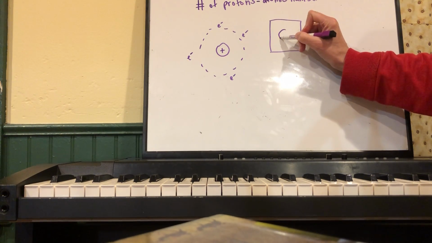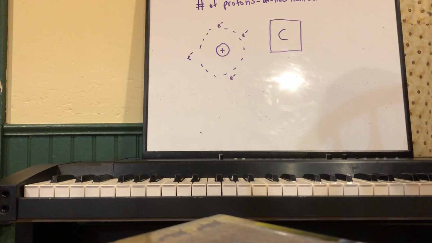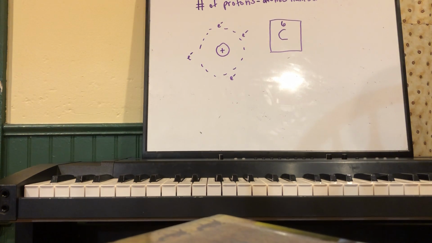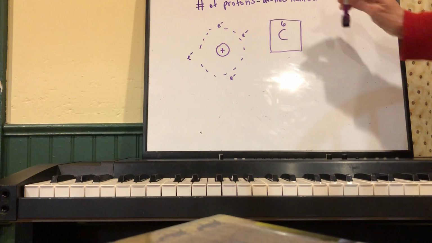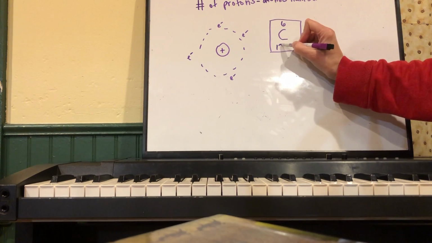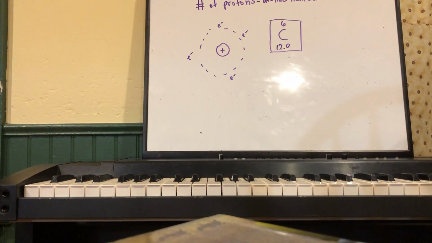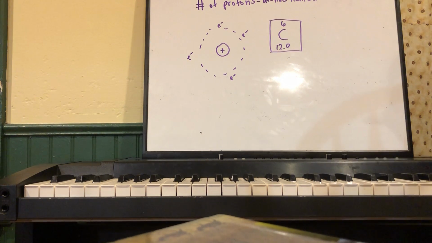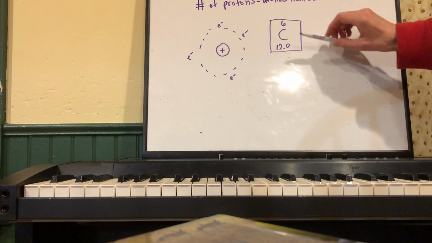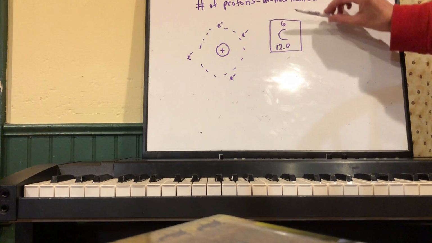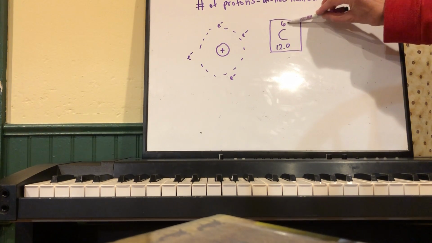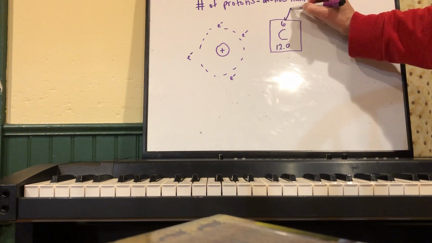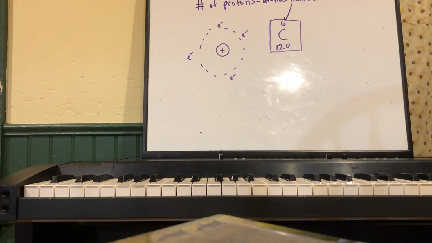Carbon has a big C in the middle of it, and up on top it has a 6. Underneath it has a 12. You're not going to worry about this 12 right now. That's thankfully not something you have to worry about yet. You probably will eventually, but for right now we're just going to concentrate on the top number. This top number is the atomic number.